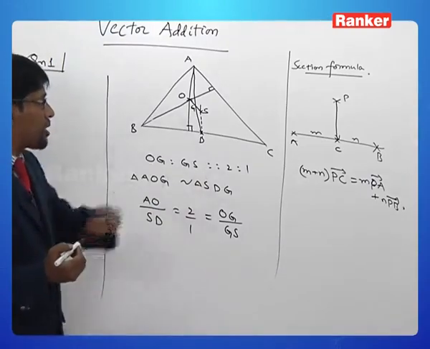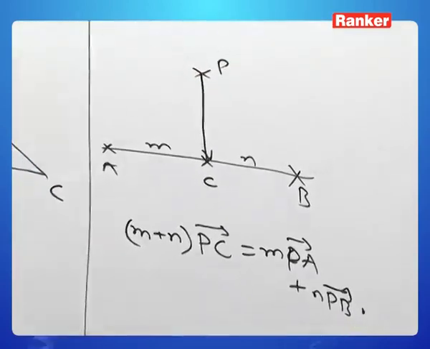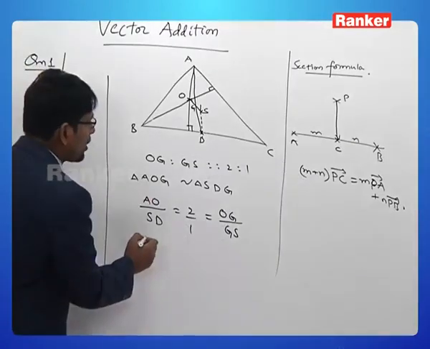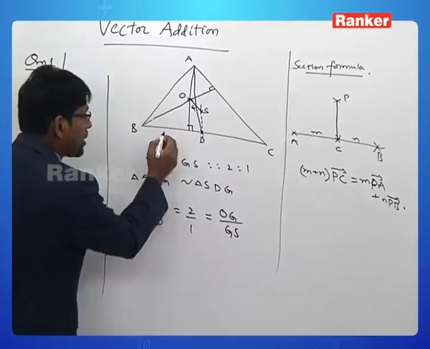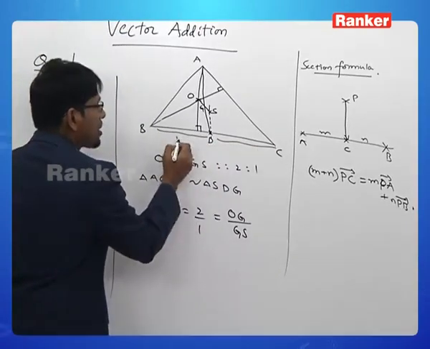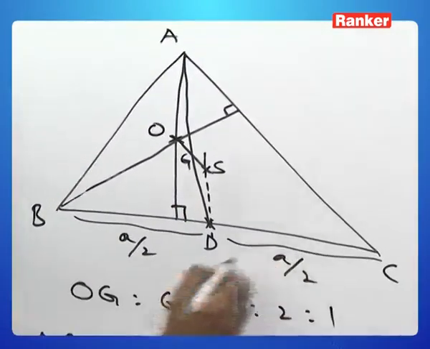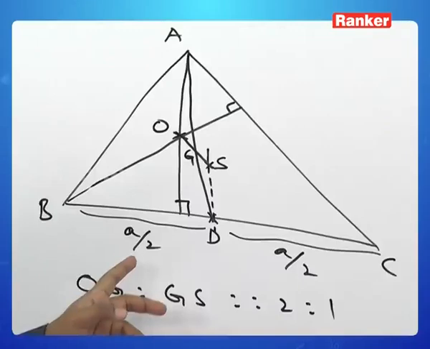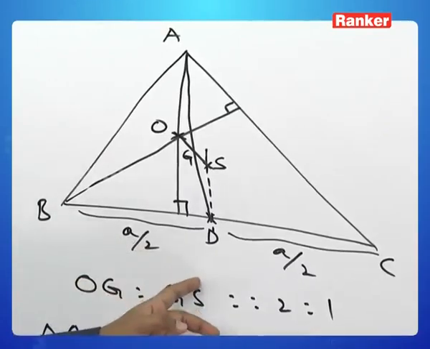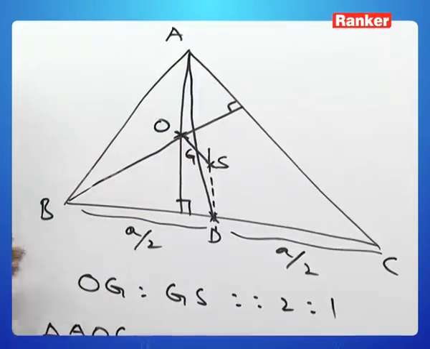Now let's make use of this here. Now we can write D is the midpoint of BC, BD is same as DC. This is a by 2 and this is also a by 2. We generally denote small a to be the side opposite to the vertex A in a triangle ABC.